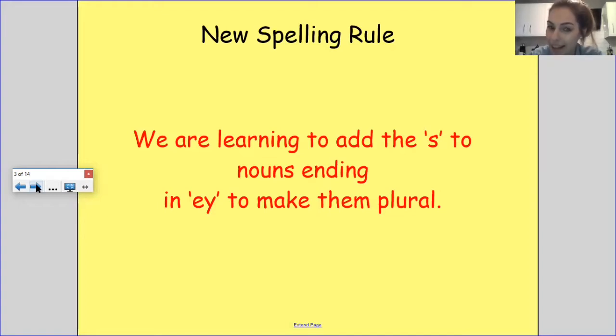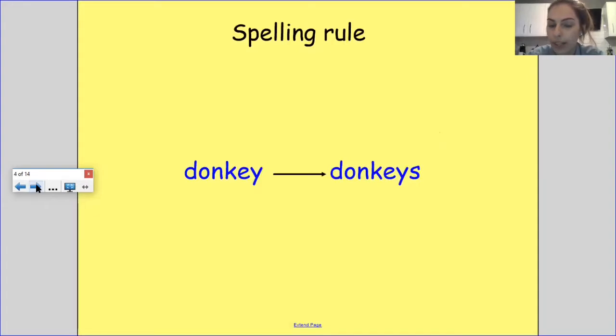And again, plural means more than one, doesn't it? So here's an example. We have donkey ending in EY, and we change it to donkeys, where we've just added an S to make it EYS. The donkey to donkeys. Donkey means singular. On its own, there's one, and donkeys is the plural. There's more than one.